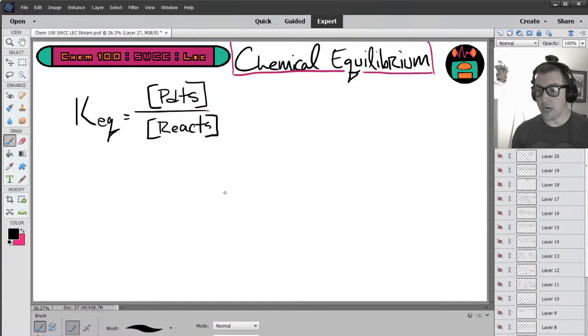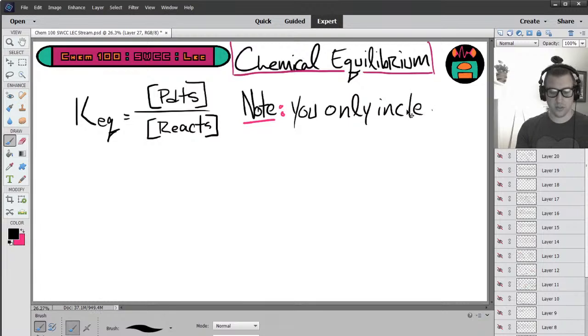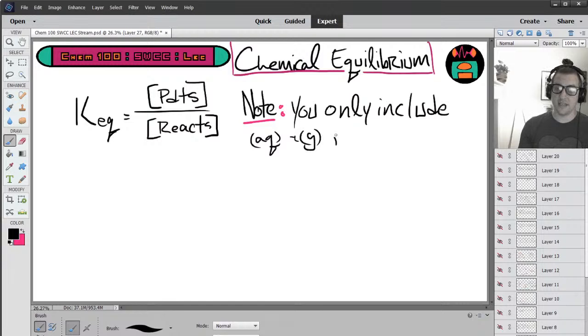And something that's very important to note, and again, we'll put this into practice in just a minute here: you only include the aqueous phase and the gas phase in K_eq.